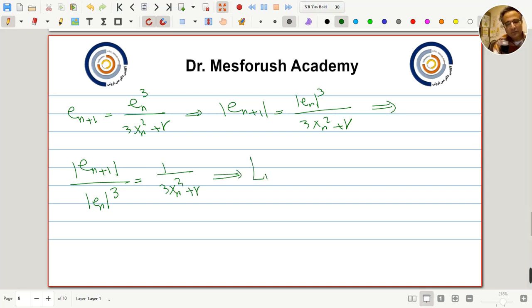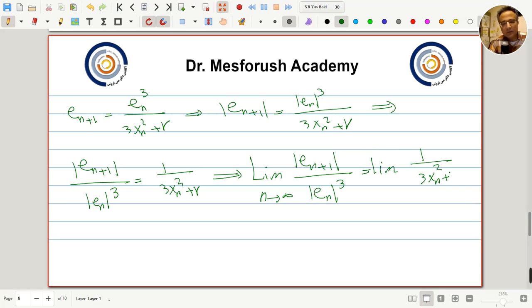Take the limit: absolute value of e_{n+1} over absolute value of e_n cubed, n goes to infinity, equal to the limit of 1 over (3x_n squared plus r).